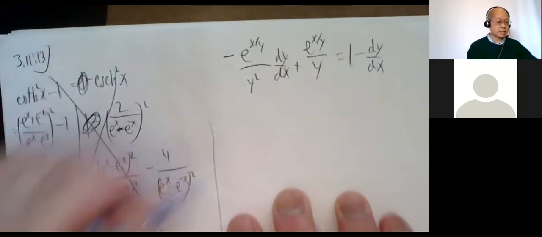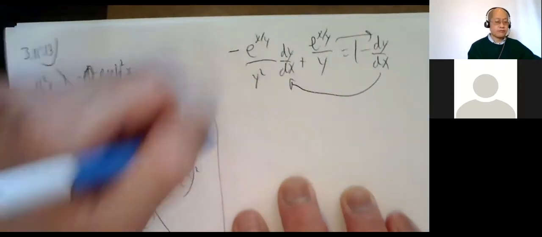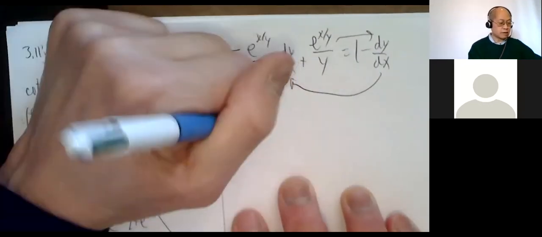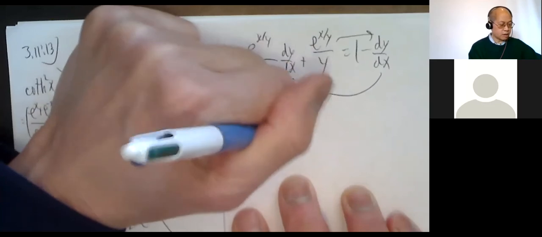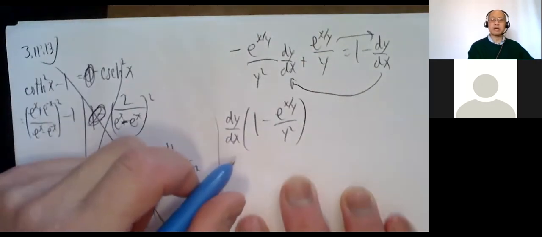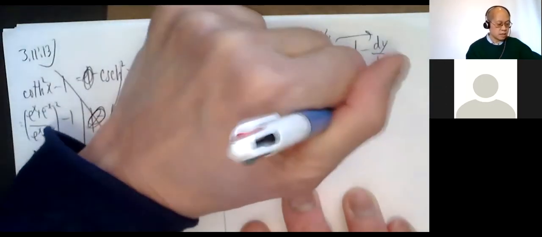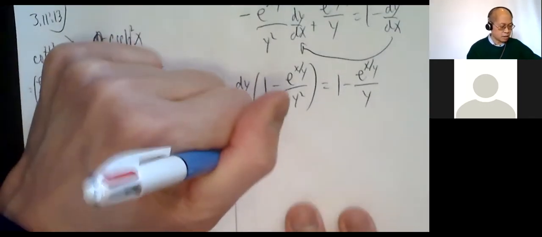Put the dy/dx's together, so move that one over there, move that over there. Factor out the dy/dx. This will be a positive 1 minus e^(x/y) divided by y squared, assuming I didn't make a mistake here, equals 1 minus e^(x/y) divided by y, and divide both sides by that.